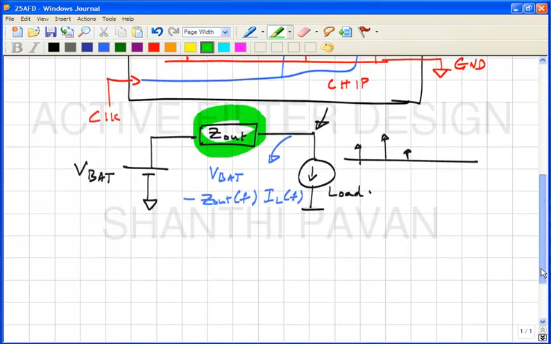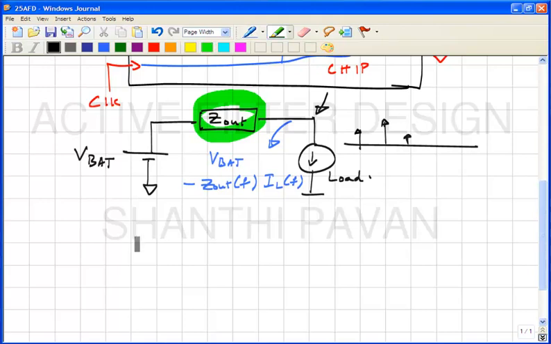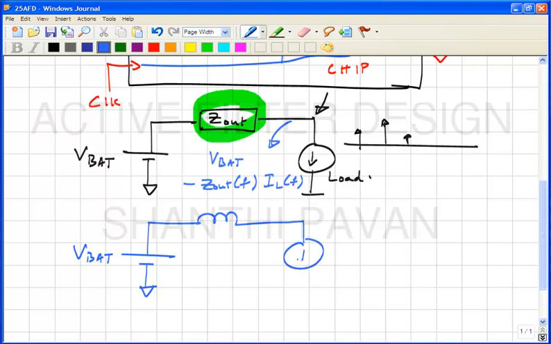Okay, now, let me give you an example. Let's say this is V bat. Let's say Z out is an inductance. And I am now drawing spikes of current at Fs. Okay?